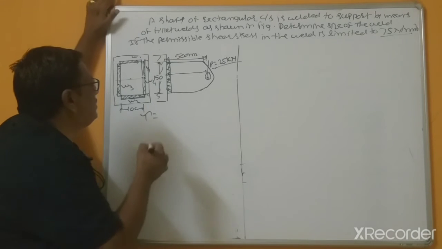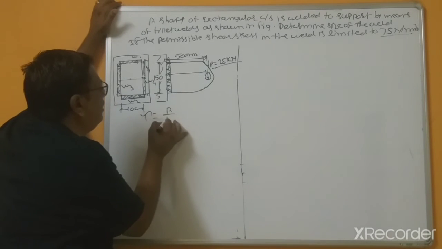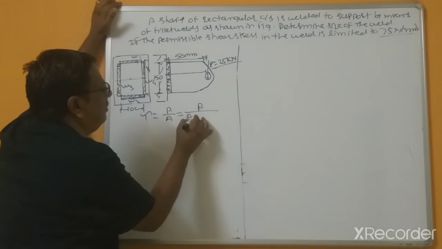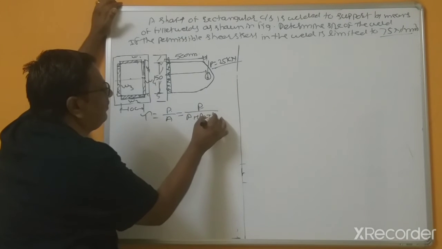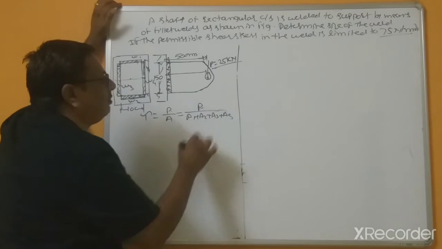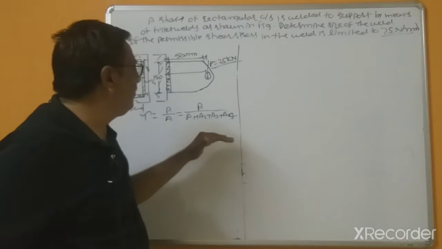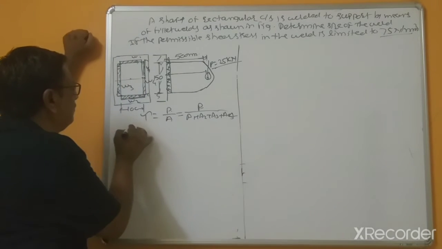Now first, shear stress equal to what is the formula? P divided by A. So P divided by A1 plus A2 plus A3 plus A4, because there are 4 welds, so we have to take the sum of all welds.